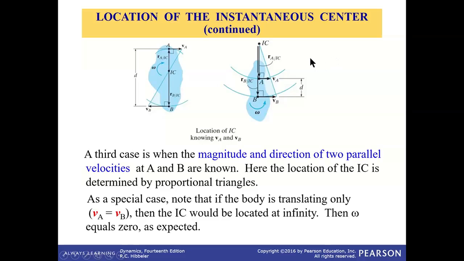So the value of omega will be 0, because omega is V divided by R. So it's V divided by infinity. Anything divided by infinity is 0. And that means omega is 0. That means the rigid body does not have any angular rotation. It's pure translation. And that also justifies the length of the two velocity vectors being the same, because if it is in pure translation, both the points have the same velocity.